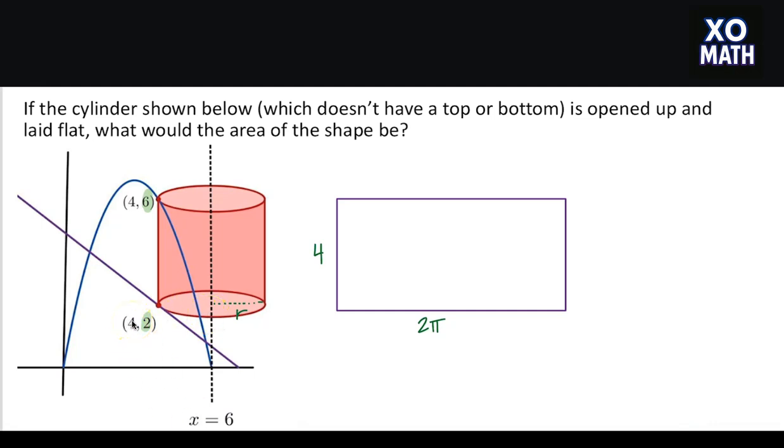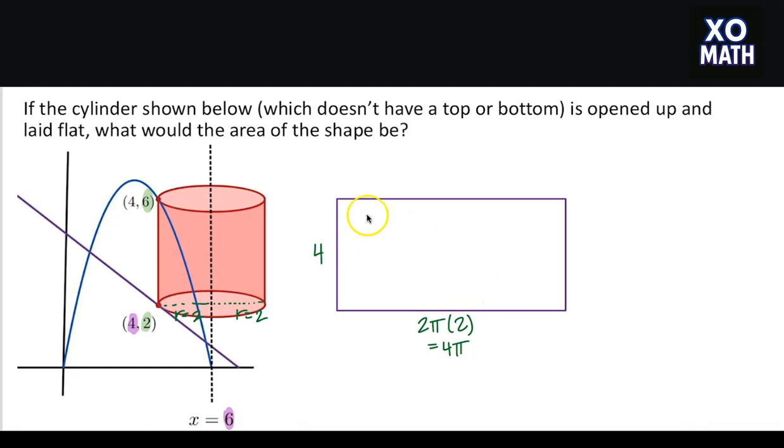So if I focus on x equals 6 and x equals 4, that means that my radius on both sides is going to be 2, right? The radius is 2. So 6 minus 4. So the circumference is 2 pi r. The value of r is 2. So that means this is 4 pi.